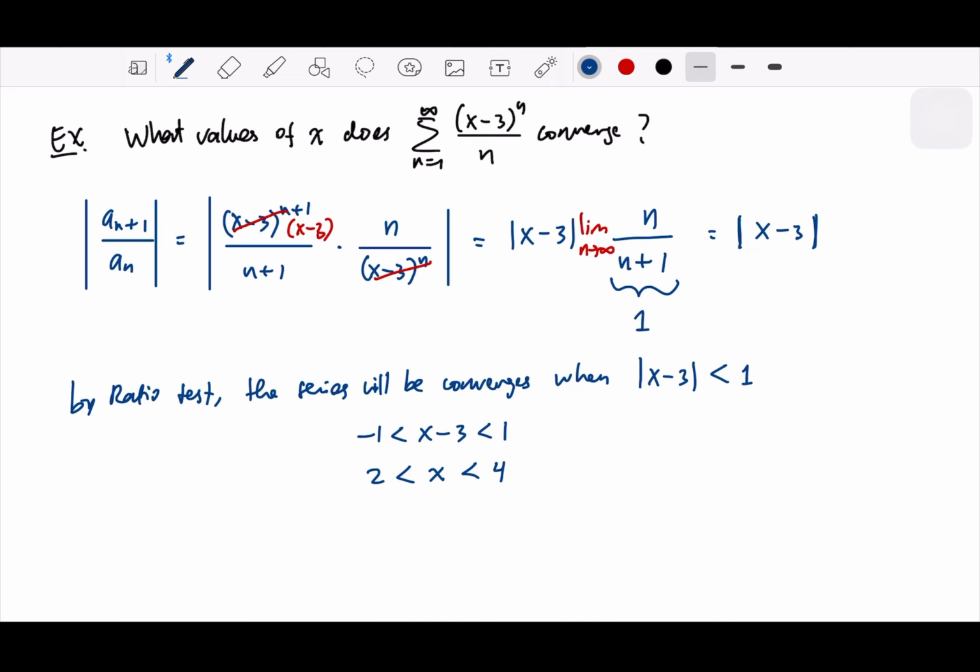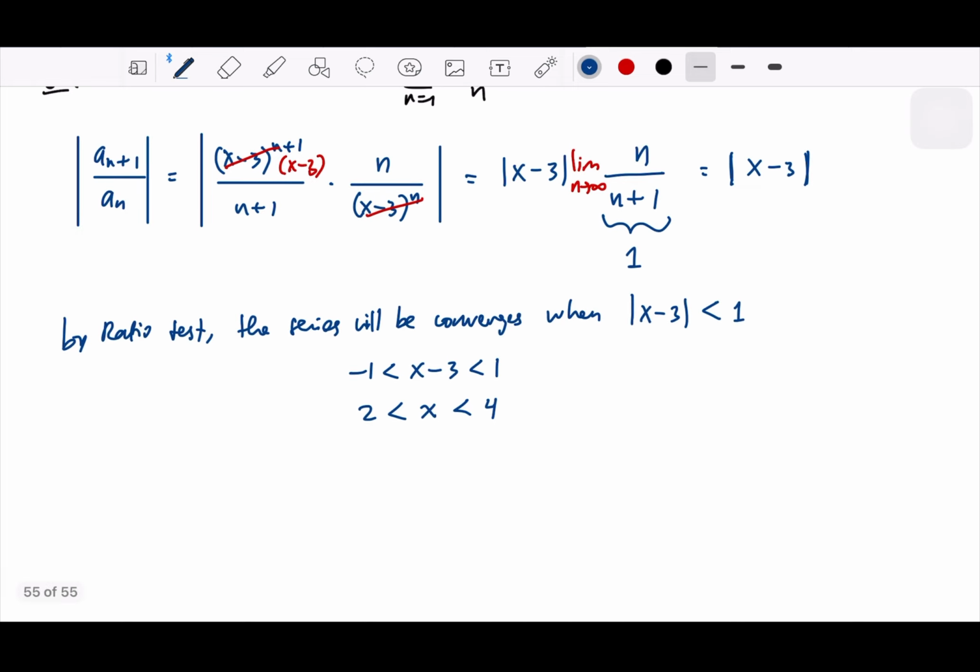We need to check the other intervals. Maybe we can write the divergence first. So the series diverges when this absolute value of x minus 3 is greater than 1, or we can take this as x less than 2 or x greater than 4.